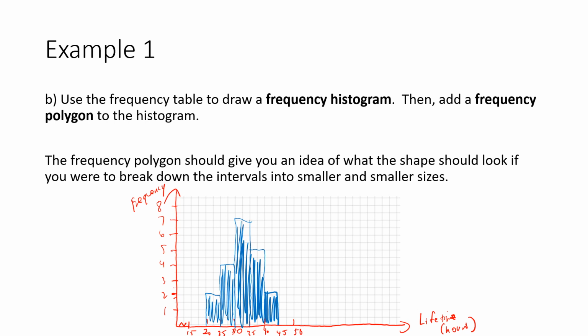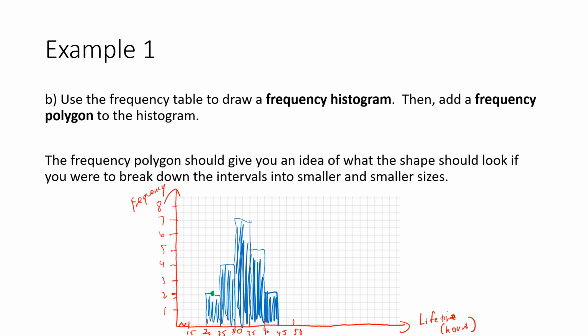Now, the frequency polygon should give you an idea of what the shape would look like if you were to break down the intervals into smaller and smaller sizes. If we were to have many, many bars and a very large sample instead of just 20 batteries, the frequency polygon will tell us the general direction that the shape will take. How you draw a frequency polygon is you connect the midpoints of each bar.